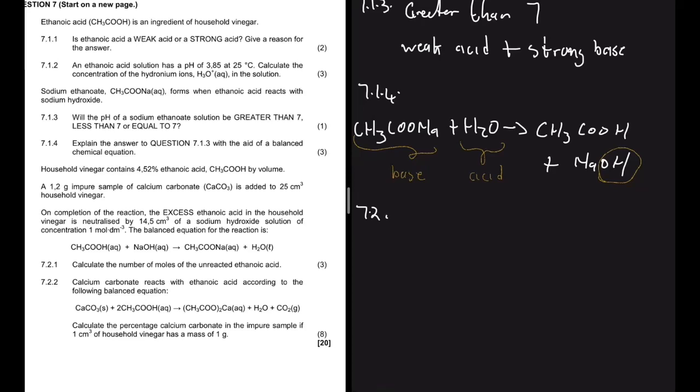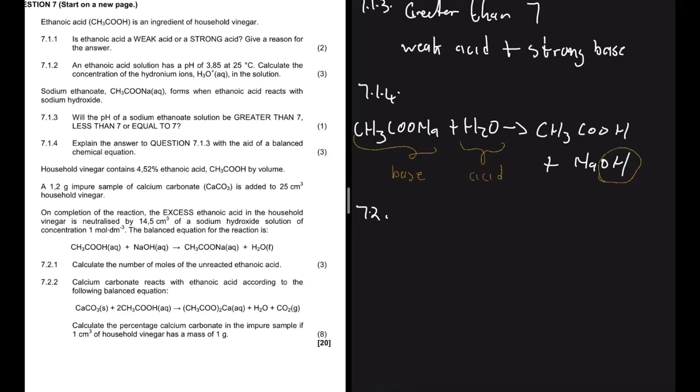On completion of the reaction, the excess ethanoic acid in the household vinegar is neutralized by 14.5 centimeter cube of a sodium hydroxide solution of concentration 1 mole per decimeter cube. And then we have a balanced equation for the reaction. That's a mouthful, but let's see what we can do.